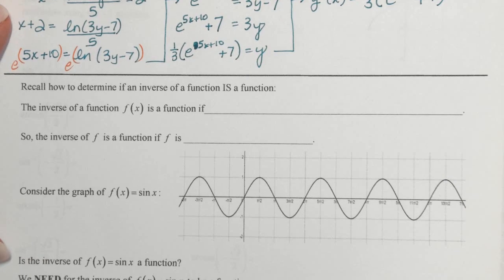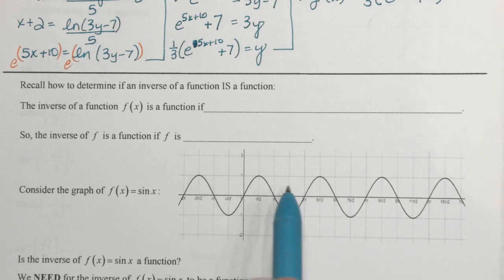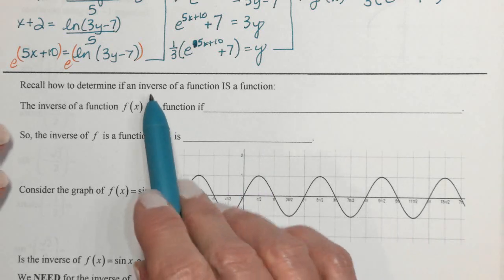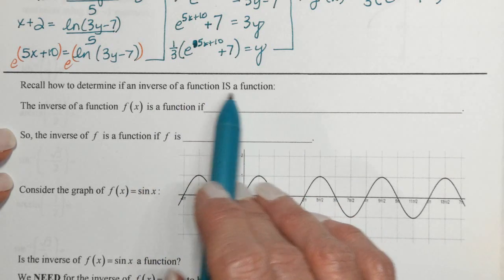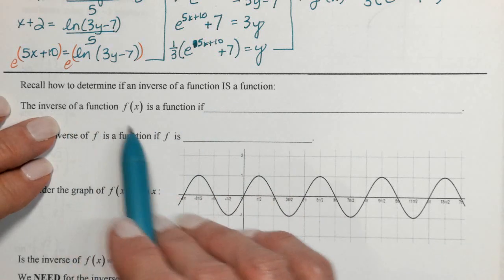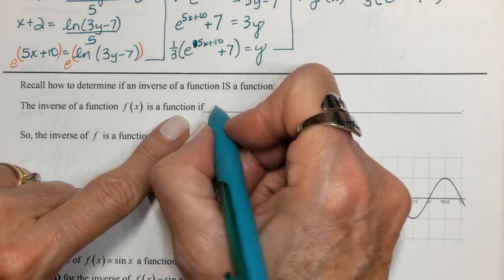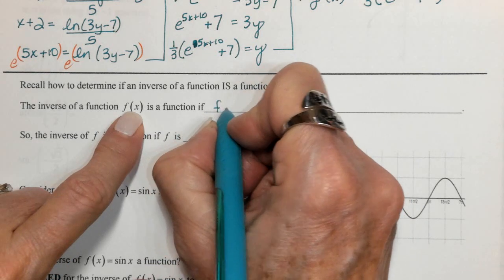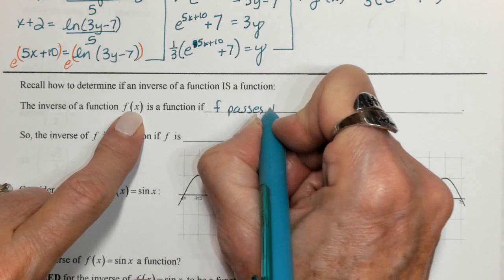So recall how to determine if an inverse is a function. The inverse of a function is a function if the original function f passes the horizontal line test.